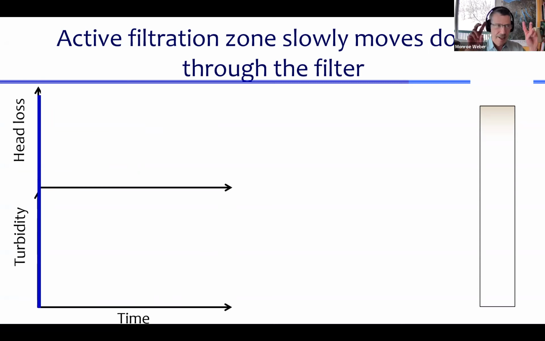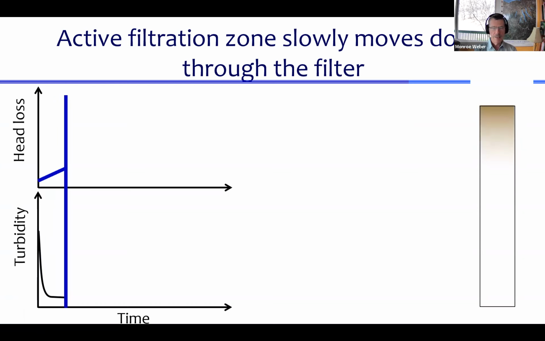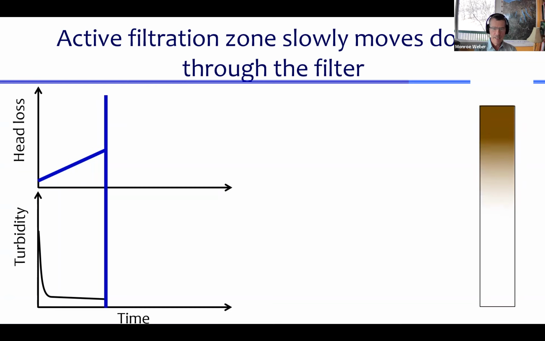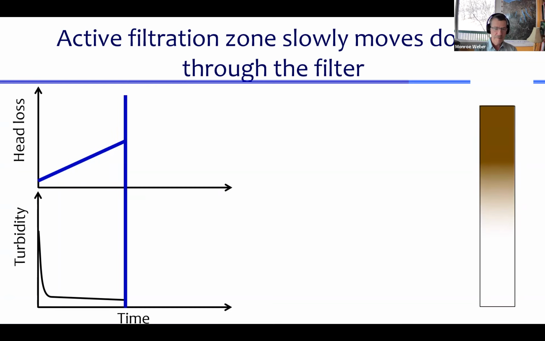So there's a filter off to the right on the screen. And I've got 2 graphs here showing head loss, so the pressure drop across the filter, and turbidity coming out of the filter as a function of time. And this is what happens. So head loss methodically just goes up linearly over time. Turbidity gets better and better.